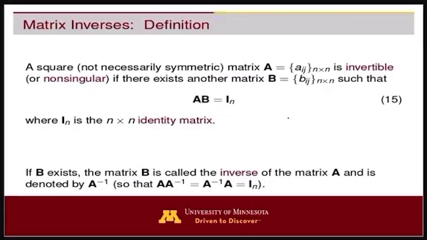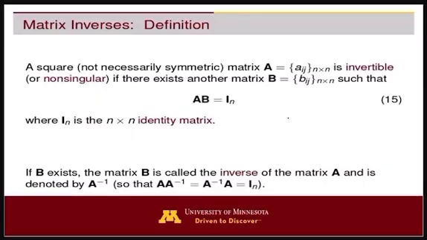So a square matrix, not necessarily symmetric, is invertible or non-singular if there exists another matrix B such that AB equals that. Now, if I multiply A by B and that gives me identity, I_n, the identity of n dimension, that's just a rule.